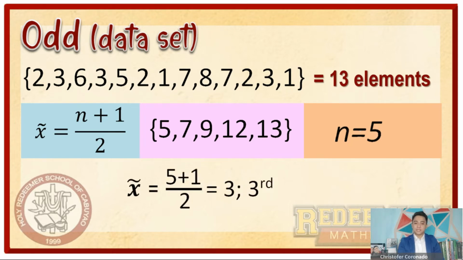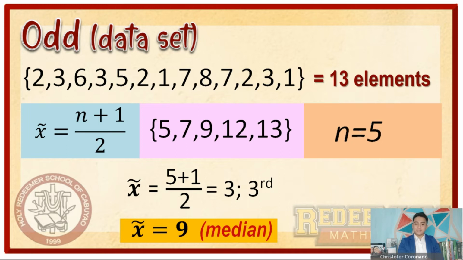And you know that 5 plus 1 is 6 divided by 2. The value would become 3. 3 is not the median, but rather the position of the median number. So in which case, the third number. When arranged in increasing order or decreasing order, the third number would be 9.